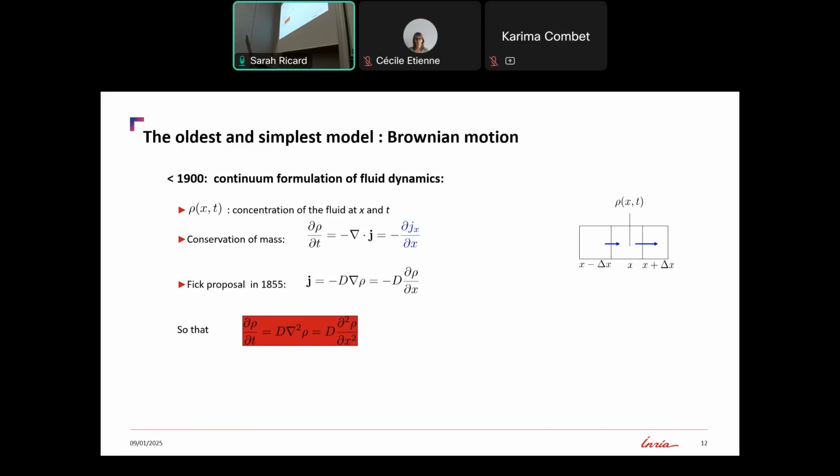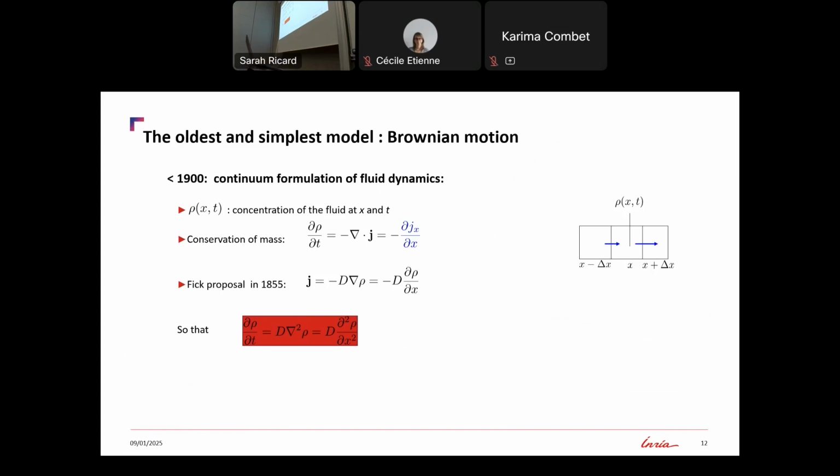If you plug that derivative into this derivative, you have two first-order derivatives, so that's a second-order derivative, and you see here that the time derivative of the concentration is proportional, with a constant D, to the second derivative of rho, right? Of course, what you have here is what we call the heat equation or the diffusion equation, and that's the first law that was established by Fick.